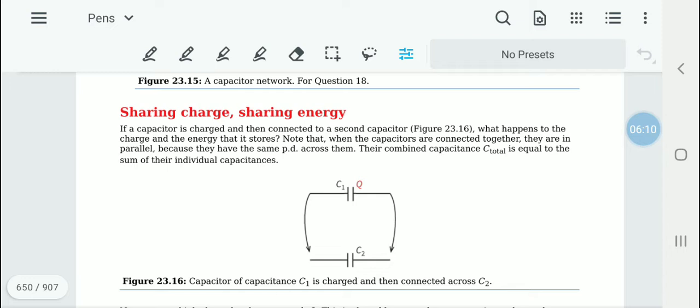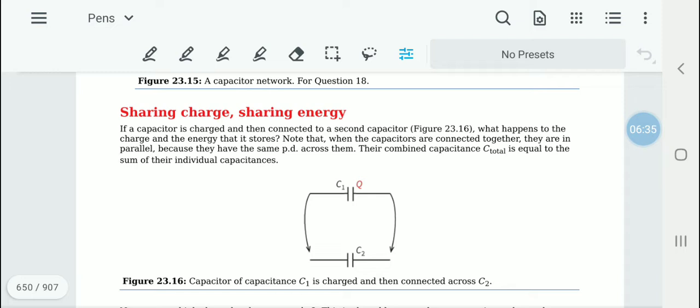When capacitors are connected together, they are in parallel, because they are going to have the same PD across them, right? When we connect capacitors together, they are going to be in parallel because the potential difference is going to be equal.